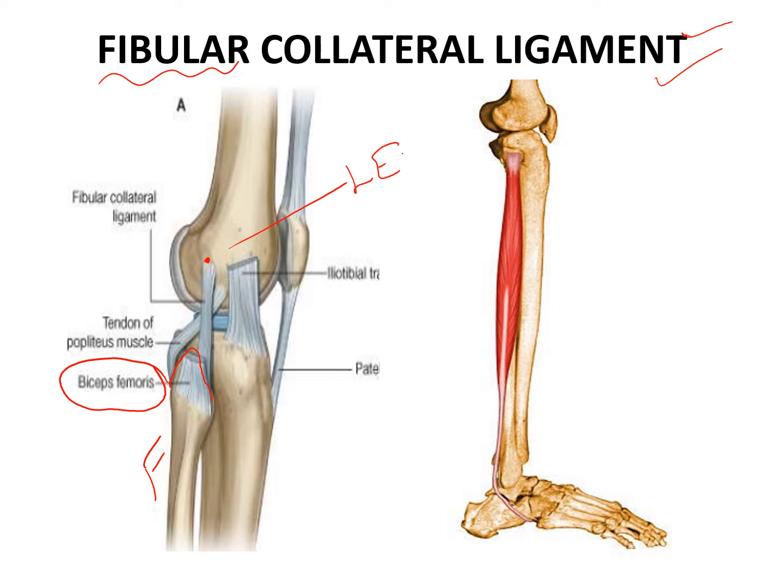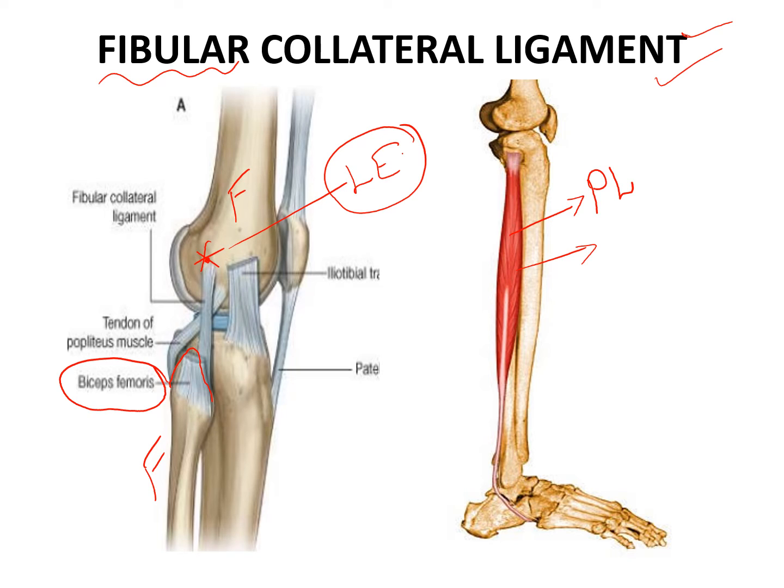This ligament is a morphological remnant of a muscle which is present in the lateral compartment of the leg. This muscle is called peroneus longus. So the same thing once again: before we assumed an upright posture, the attachment of this peroneus longus muscle was onto the lateral epicondyle of the femur.